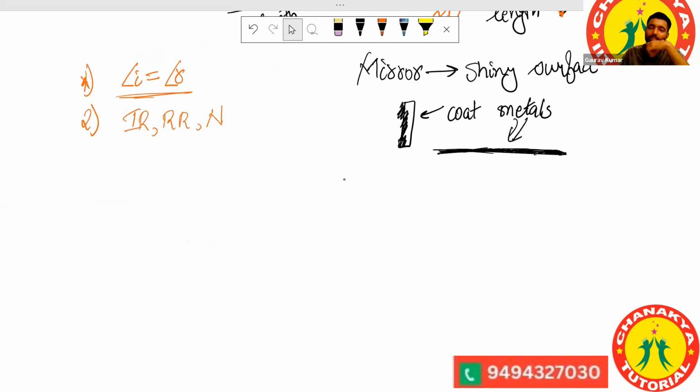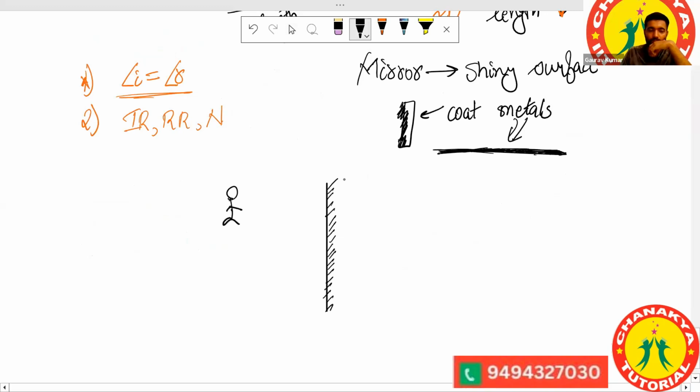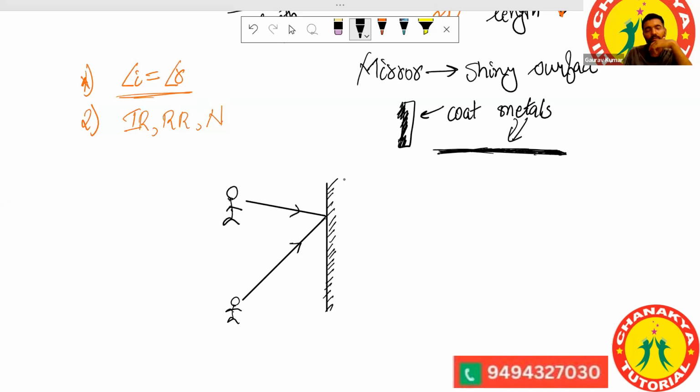So if I say there is a mirror, and there is a person standing there, light is reflected from this person. So what will appear to you?